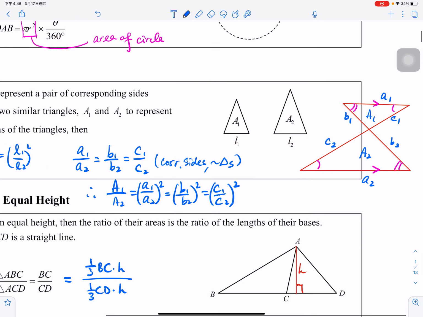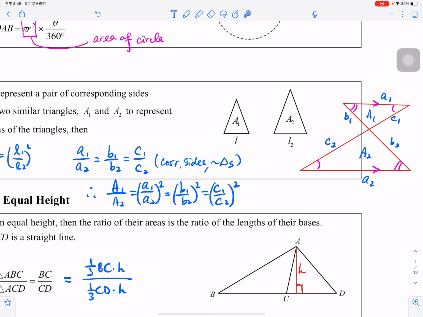At the same time, if you know these two are similar triangles, remember the corresponding sides have the same ratio. For example, A1 relates to A2, B1 to B2, and C1 to C2.